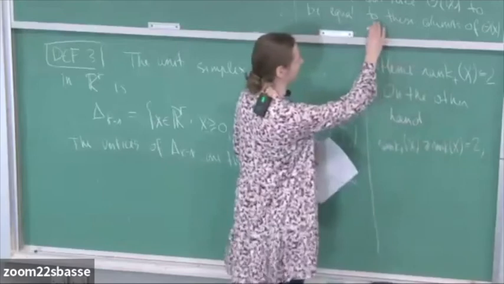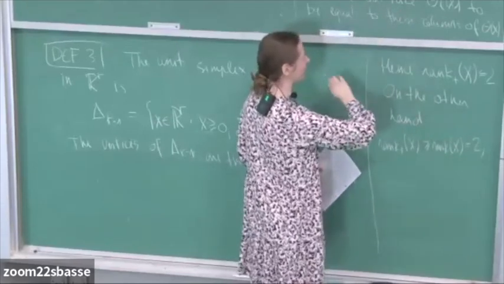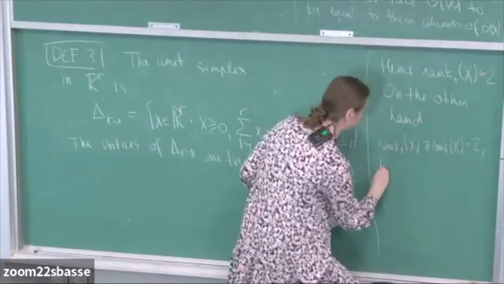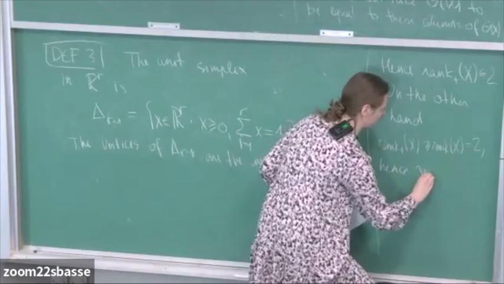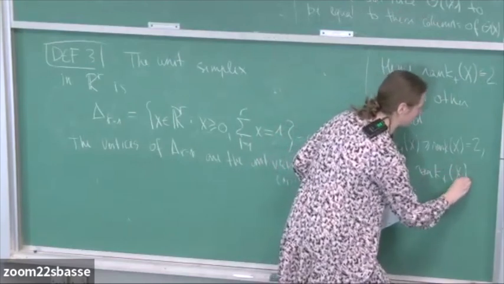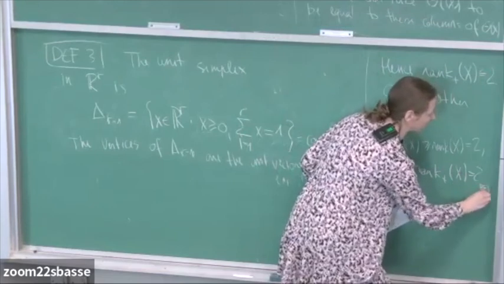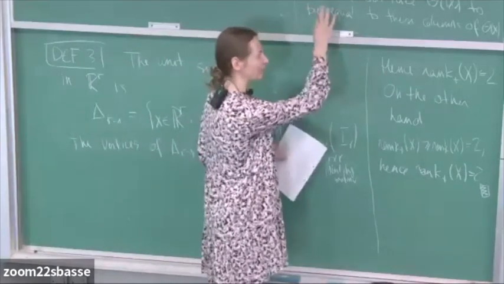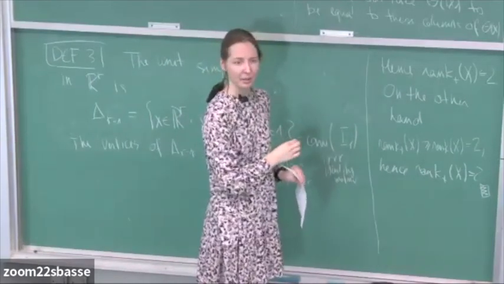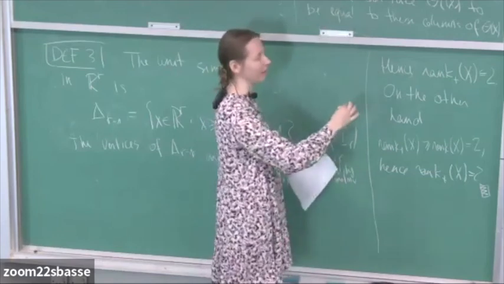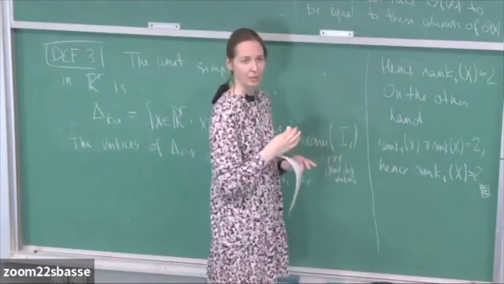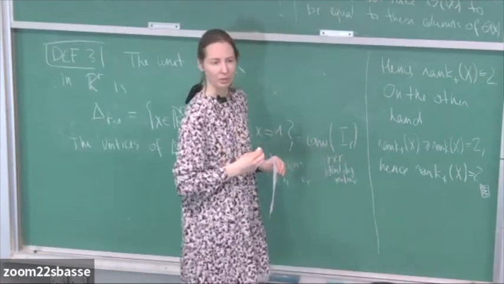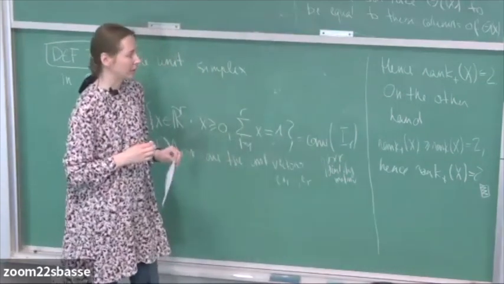So from this geometric characterization, non-negative rank is less or equal than 2. From here, we get it's greater or equal than 2. Hence, non-negative rank of X is equal to 2. And this completes the proof. And actually, one can prove this also using linear algebra, but it's much messier. I'm skipping lots of details here, but let's say once we have this geometric picture, the proof becomes much easier than doing all the manipulations with the matrices.